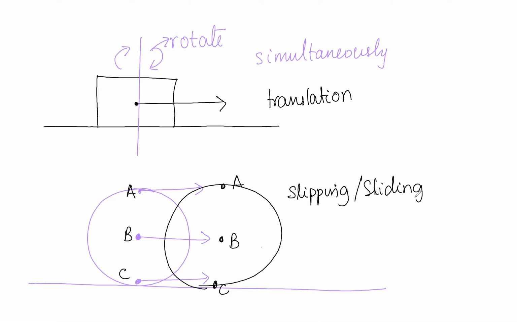But if you put a wheel on a surface and make it rotate as well as translate, let us say the entire wheel is translating with a speed of v. So all points on the wheel have the same speed v. v is your translational speed.